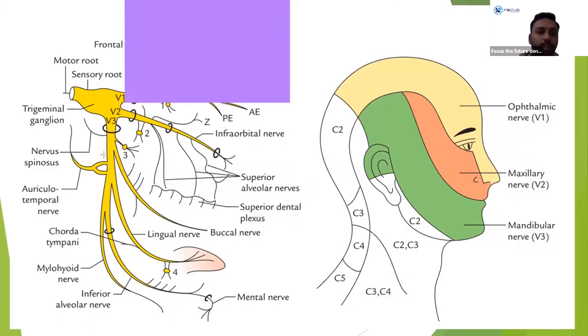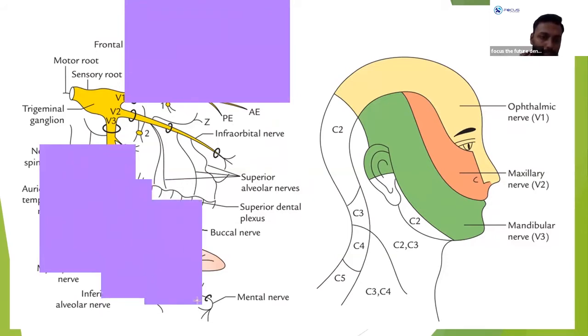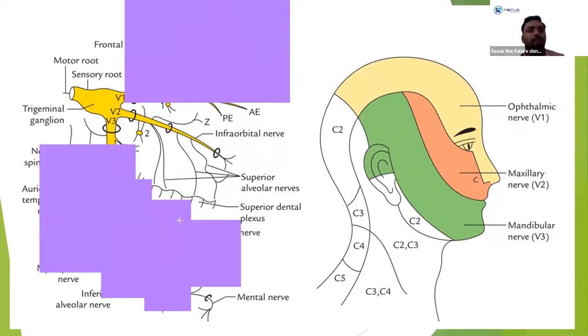Ophthalmic division is over, and mandibular division we will discuss later. So what is left now? What is left? So V2, the second division of the trigeminal ganglion, comes out through the foramen rotundum, isn't it? Okay, and it comes out.